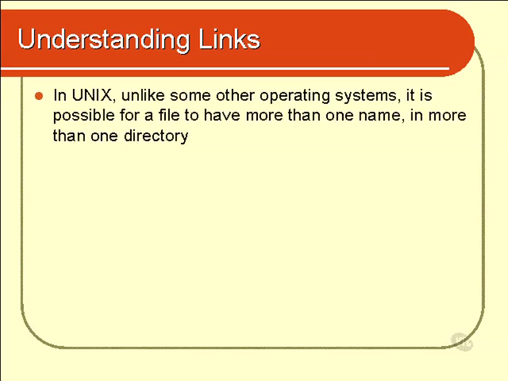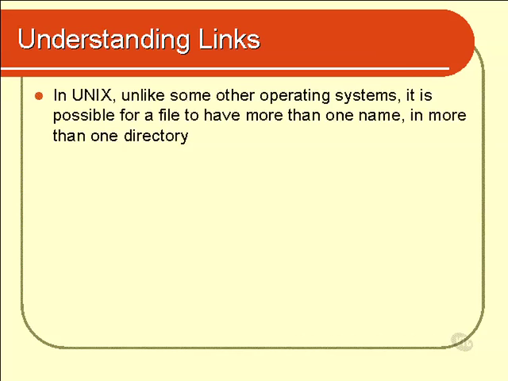Perhaps it's called file1 in the dir1 directory. Well, please understand that it is possible that that same data could have another name. Say it could be called file2 in the dir2 directory.